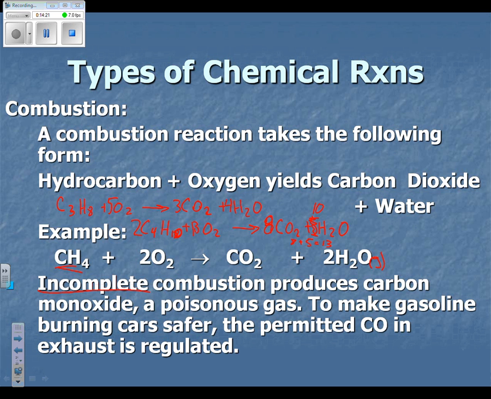To make gasoline burning cars safer, the permitted CO in exhaust is regulated, and that is part of your inspection. You have to be worried about carbon monoxide, especially if you use heat or wood for heat in the winter. You need to have a carbon monoxide detector. It is a deadly gas, and it's the kind where you fall asleep and you don't wake up.